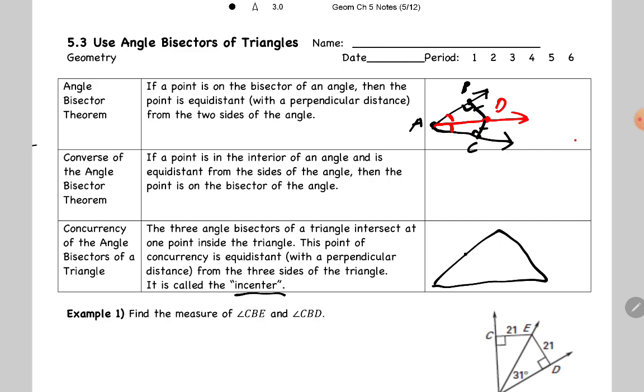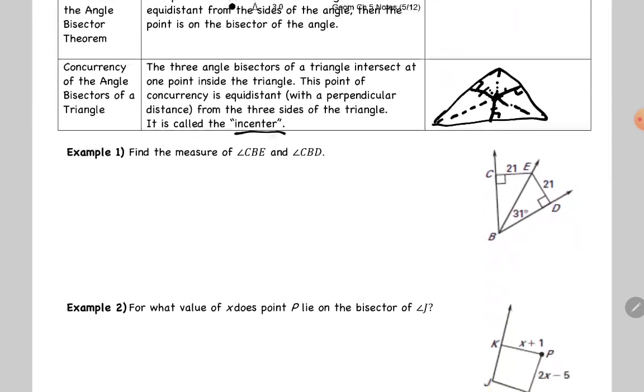With angle bisectors, you split the angles in half, and they all meet at a point called the incenter, and it is equidistant from all the sides. If I drew that right, those three distances to the sides would be congruent. So that's what the incenter is.